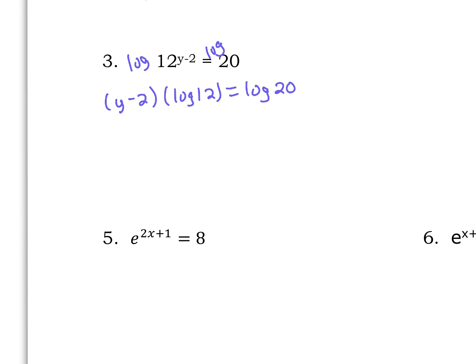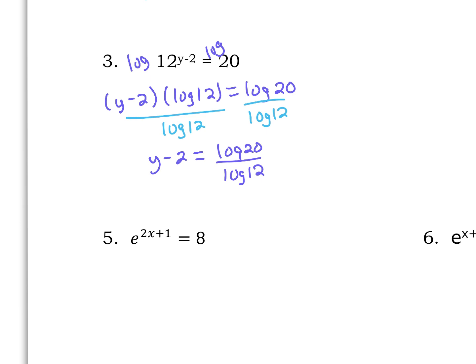So notice we've got a couple of steps again that we're going to go through in order to solve here. So let's divide through by this log of 12. And then we still have y minus 2 is equal to log of 20 over this log of 12.